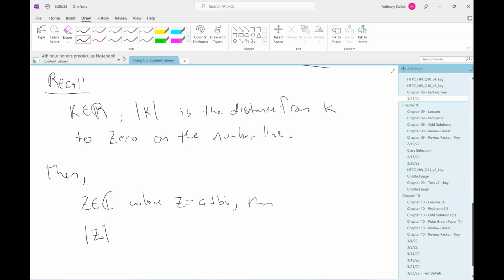The absolute value of a real number is the distance from that number to 0 on the number line.